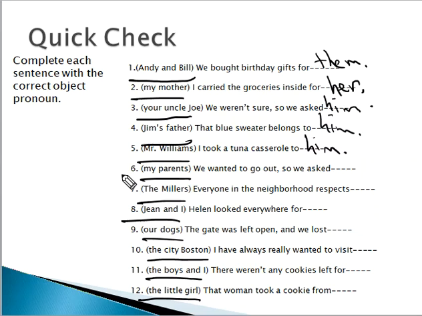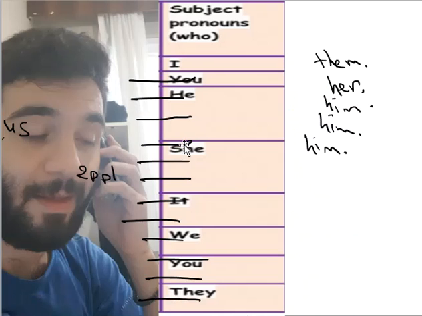My parents. Now my parents, like my mom and dad, two people. And I'm not involved here. Like, I didn't say my parents and I. So be careful. When I'm not involved, there are pronouns that I'm not supposed to use, like us, for example. I cannot use this pronoun. These are subject pronouns.